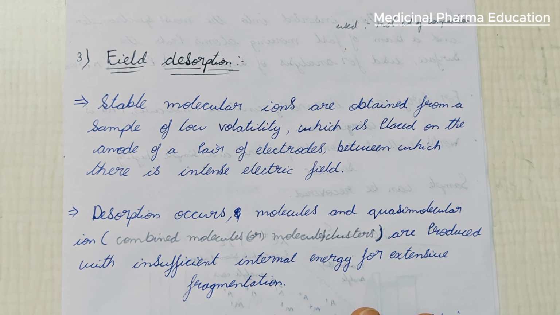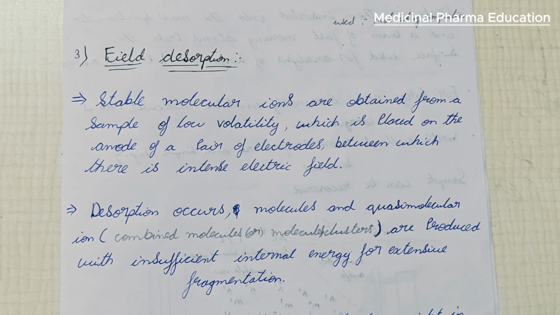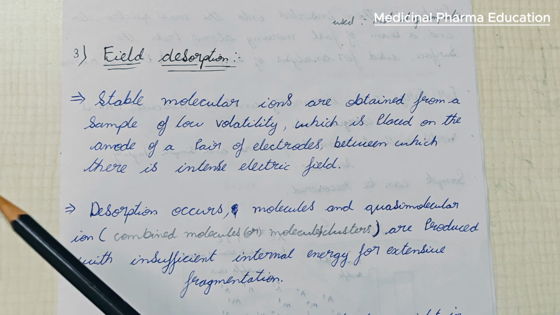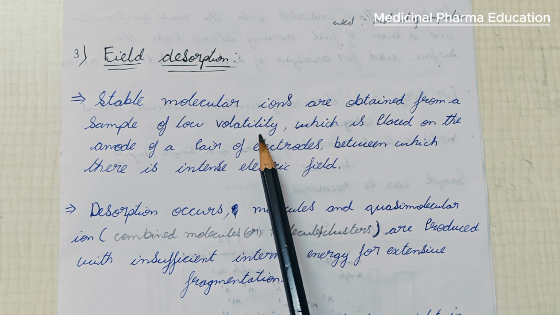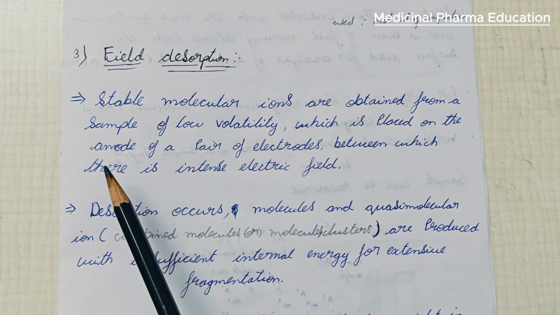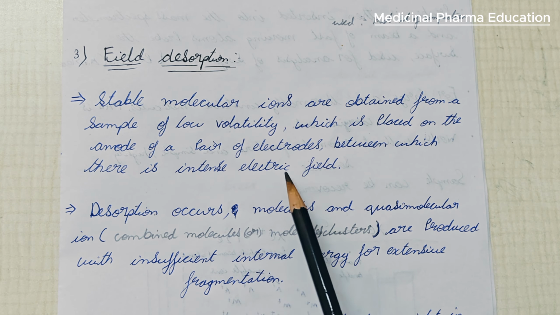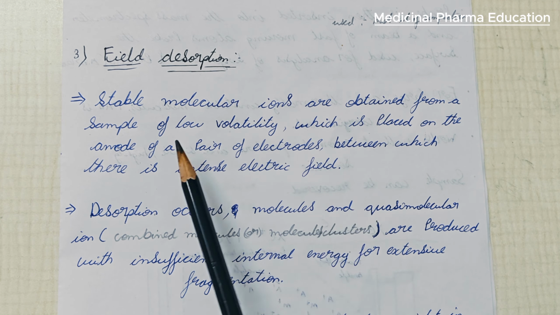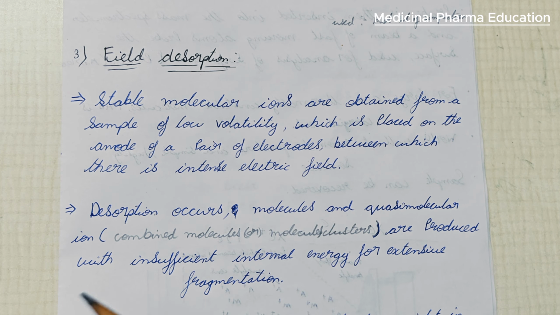Next, field desorption. This is very simple. There is no particular diagram, but you just understand the principle behind it. Stable molecular ions are obtained from a sample of low volatility, which is placed on the anode of a pair of electrodes, between which there is an intense electric field. Desorption occurs, and molecules and quasi-molecular ions are produced.